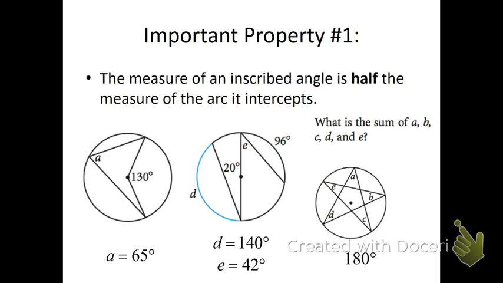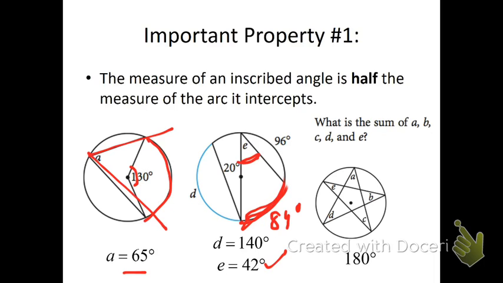We start with A. If this angle is 130, then this arc is going to be 130. So A has to be half of that, 65. Another one, E here. This whole arc is a semicircle, so it's 180 degrees. So if you subtract 96 from it, you get that angle right there is 84.